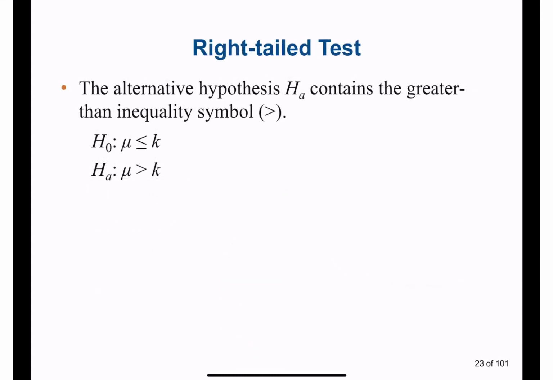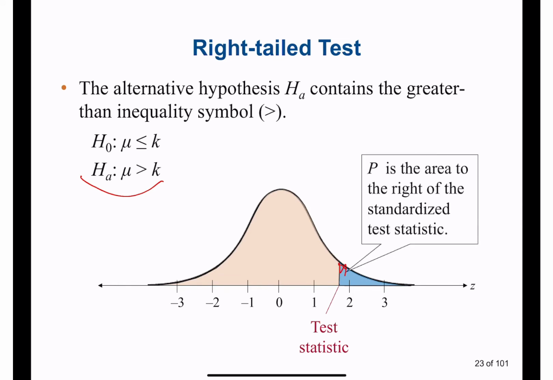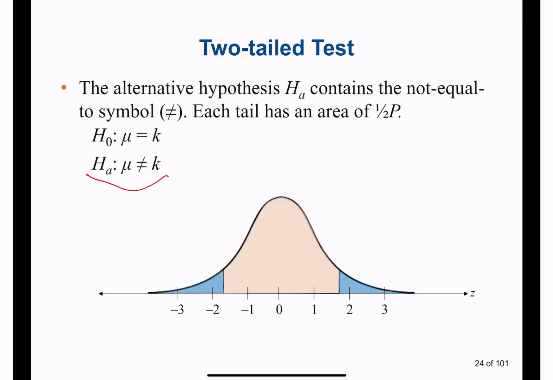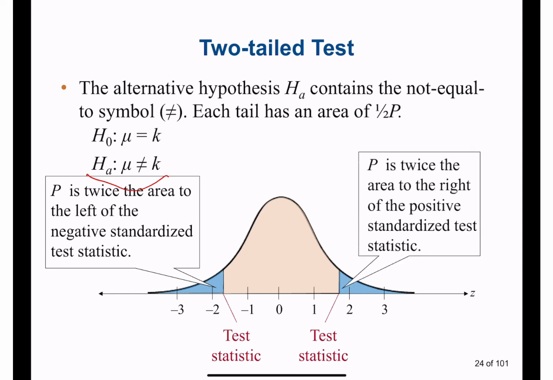If the alternative says more than k, then it's a right tail and the p-value is the error. If it says not equal, then it's a two-tail test, and the p-value will be split, so each tail gets 1/2. Right?